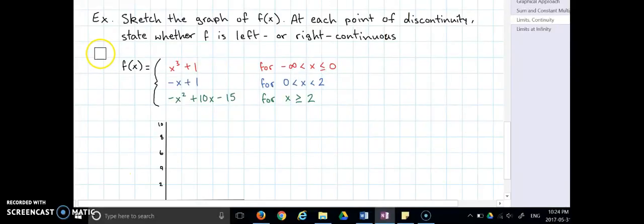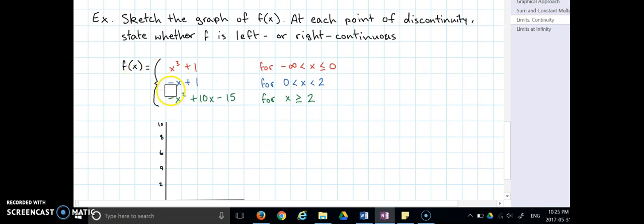Our next question asks us to sketch the graph of f of x, and at each point of discontinuity, state whether f is left or right continuous. They've given us that f of x is equal to x cubed plus 1 for when x is larger than negative infinity, but smaller than or equal to 0.